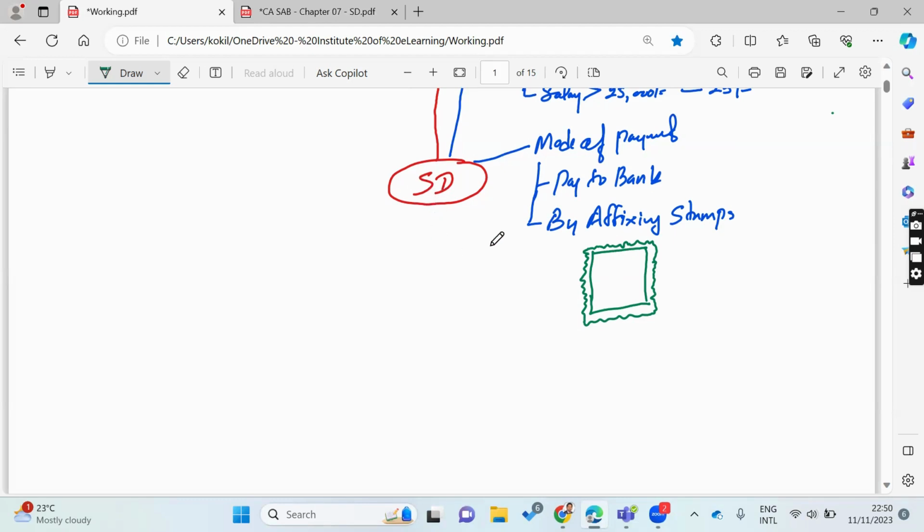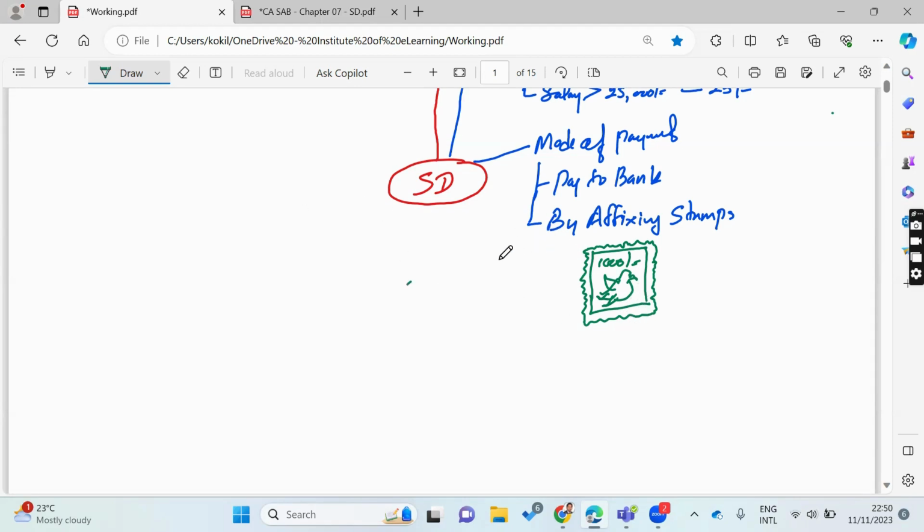So maybe here is a 1,000 rupee stamp, and there may be some pictures over here. Will it cost 1,000 rupees for printing? No. You are paying taxes to the government by taking this small piece of paper. That is called stamp duty.